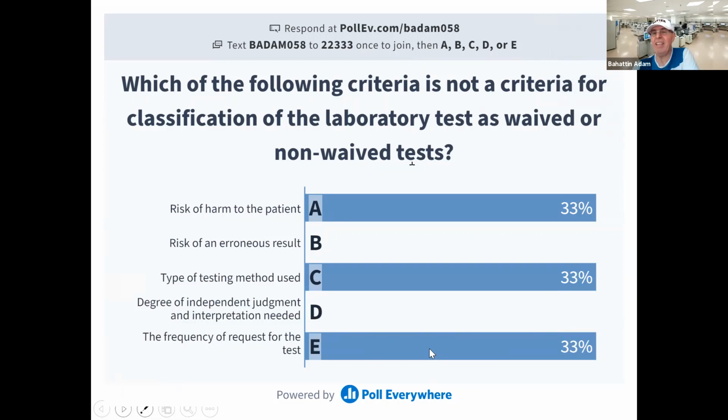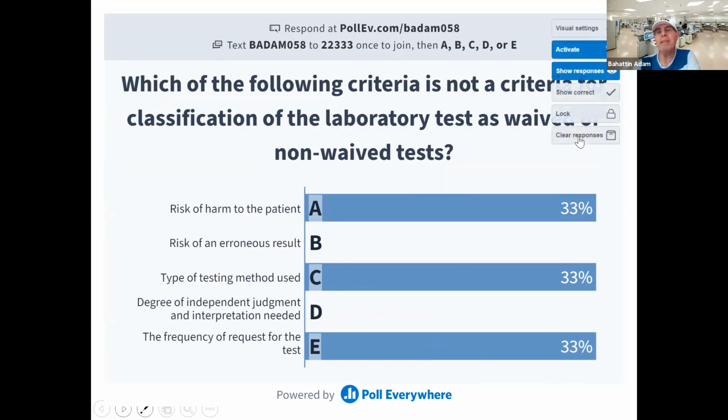No, the correct answer is E, okay? I am sure you know, but you didn't pay attention to the question. First, try to understand the questions, and then you will find the correct answers.